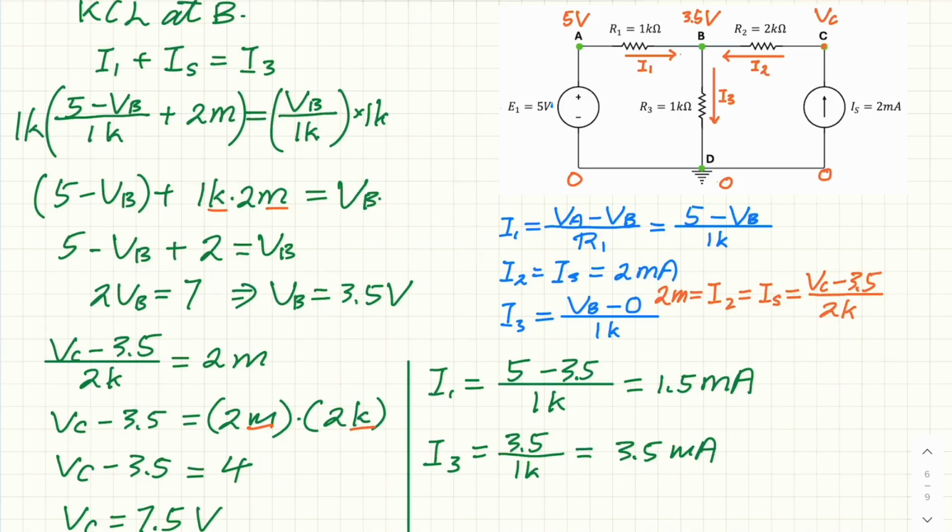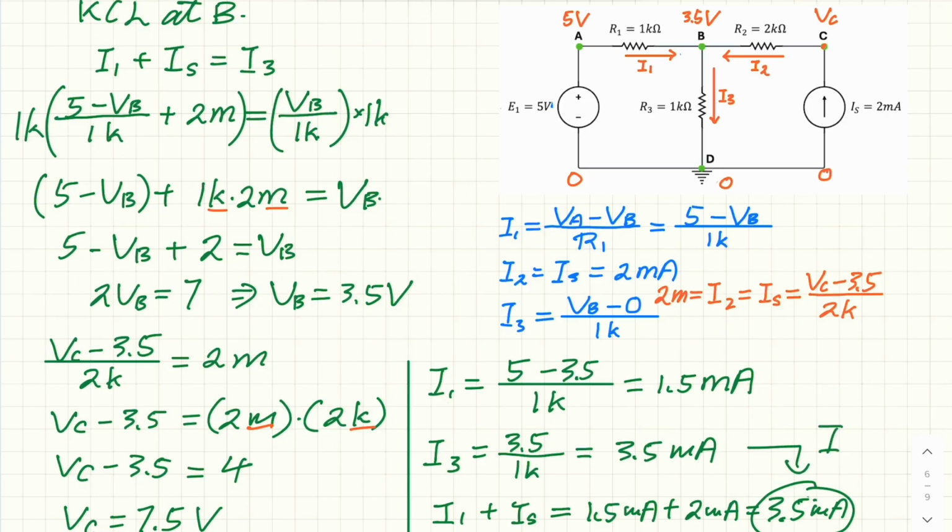The KCL says I1 plus IS, so this is equal to I1, 1.5 milliamp, plus IS, which is 2 milliamp, and equal to 3.5 milliamp, and this is exactly equal to I3.